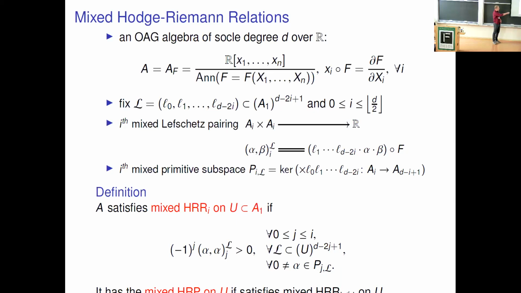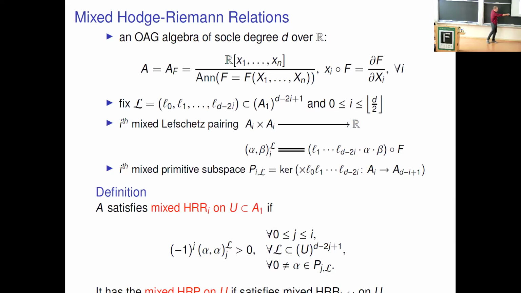So I say mixed Hodge-Riemann in degree I on U means for all degrees j up to I, and for all choices of linear forms in U to the d minus 2j plus 1, the jth mixed Lefschetz form for that choice should be minus 1 to the j definite on the jth primitive subspace for that choice.